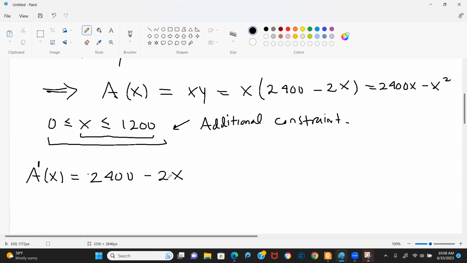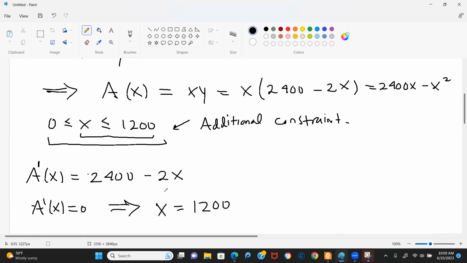I don't remember which section it was, but it was one of the sections in this chapter where we looked at finding the global maximum of a function on a closed interval. And that's exactly the setup we have in this problem. So if you set the derivative equal to 0, I think it's pretty clear that x has to be equal to, what is it, 1200, I guess?